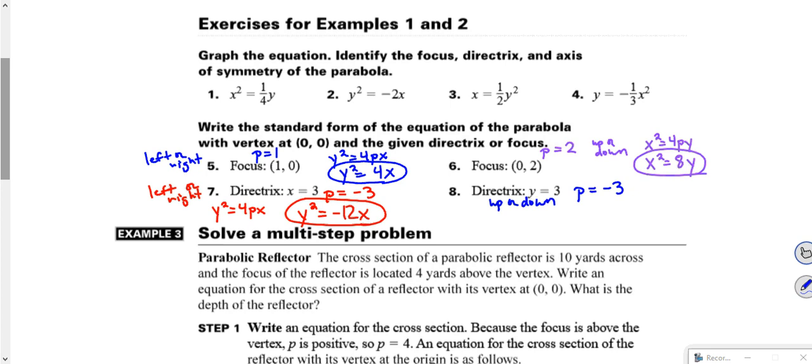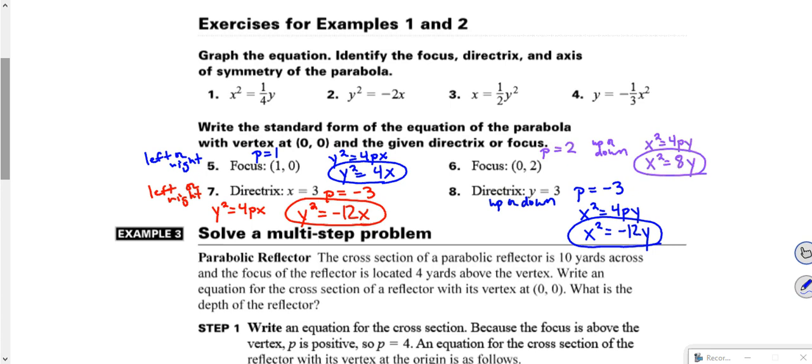If my directrix is horizontal, that means that my parabolic bowl, my parabola, points up or down, either above it or below it. So that up or down is x squared equals 4py. So in this case, x squared equals negative 12y.